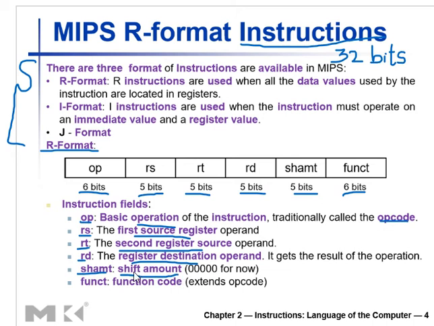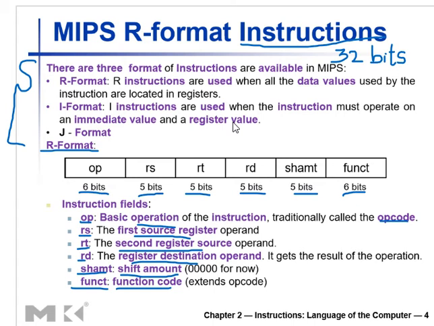We will be using this field later. We did not study it until now. We will be using it after a while, maybe in the next class. And function code is the extension of the opcode. So we will see quite a few examples using this R format.